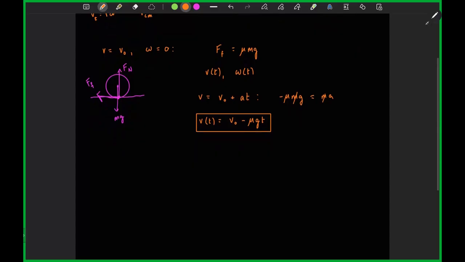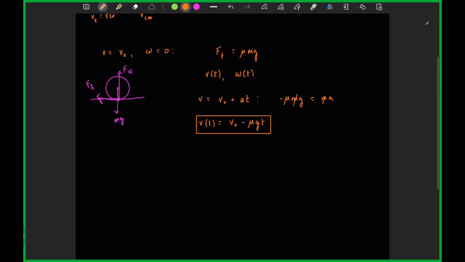And now let's consider our omega as a function of time. We'll notice that Fn and mg exert no torque, and so our only torque is due to the force of friction. We can say that mu mg r, notice we are at a 90-degree angle, so sine 90 just gives us 1, is equal to I alpha. And let's consider this as a disk, so we'll say I is 1/2 mr squared.